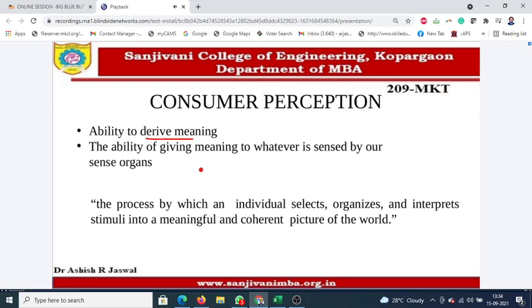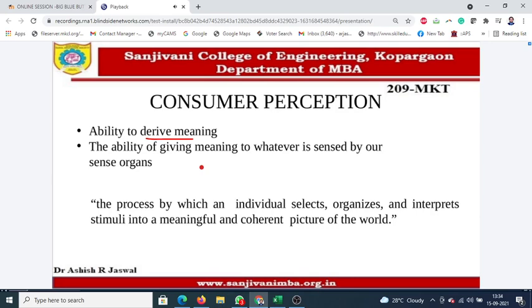It is the process by which a consumer or an individual interprets sensory impressions to give a meaning to them. Whatever is inferred by the sensory organs, he tries to convert in such a way that he concludes it in the form of a meaning.